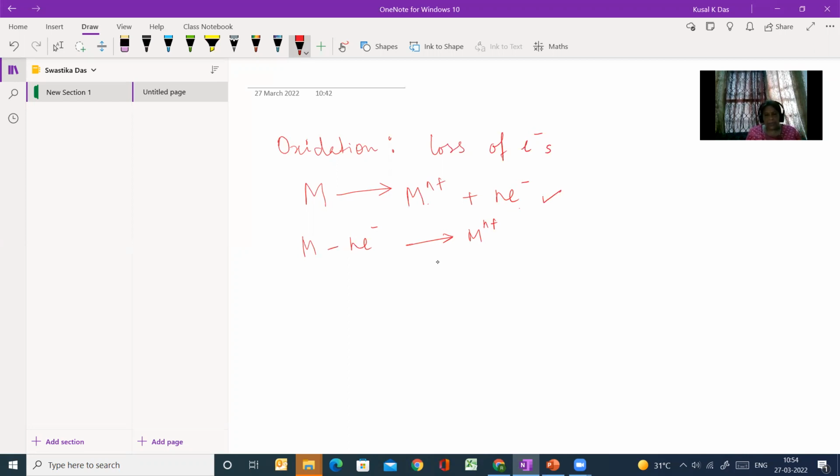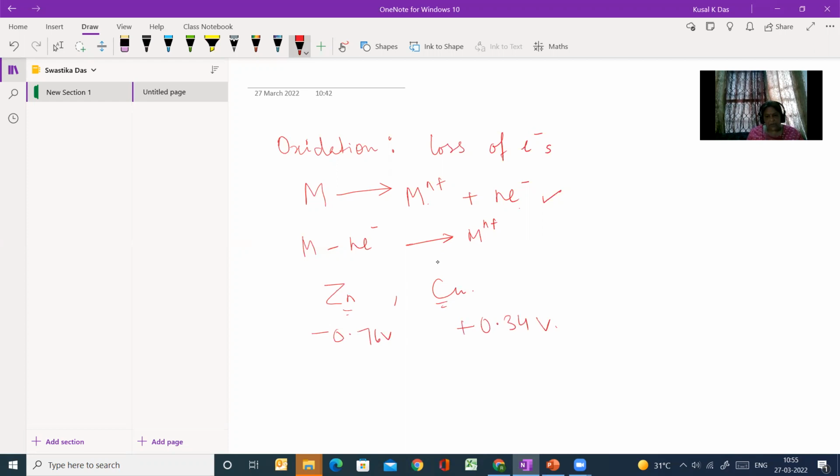Now for example, in the Daniell cell we have taken one metal as zinc and one metal as copper. Going to the electrochemical series, if we compare the standard reduction potentials of zinc and copper, we'll see that the standard reduction potential of zinc is minus 0.76 volt and that of copper is plus 0.34 volt.